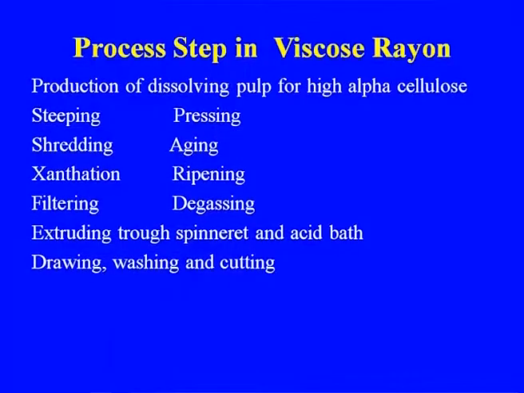These are the various steps involved in case of the viscose rayon. The first step is the production of the dissolving pulp.